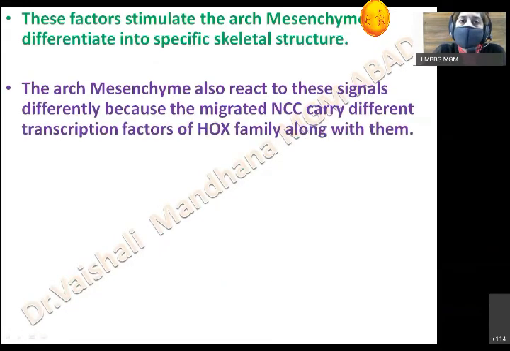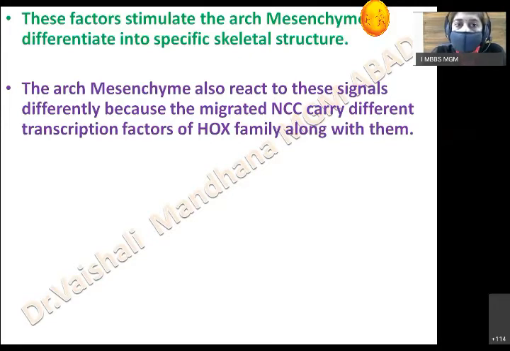Now, these factors stimulate the arch mesenchyme to differentiate into specific skeletal elements. Because it is not like all the arches form the same thing. You know the derivatives of different arches are different skeletal structures, isn't it? All the arches do not form the same bone.